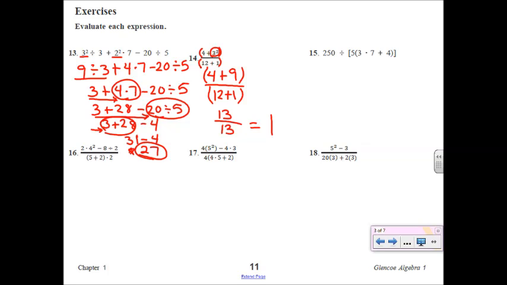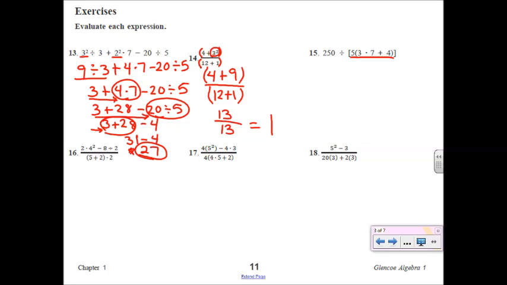In number 15, we have 250 divided by, and then we have two sets of parentheses. So we treat it as two separate things. So we pretend like 5 times, and then parentheses, 3 times 7 plus 4 is what they gave us. And so we look at the inside parentheses first.